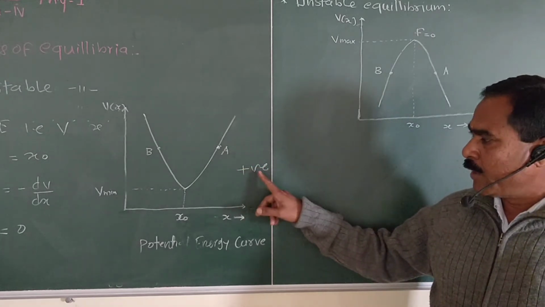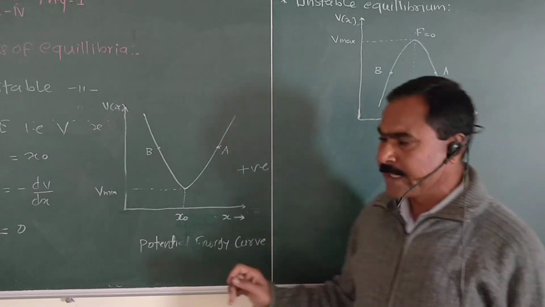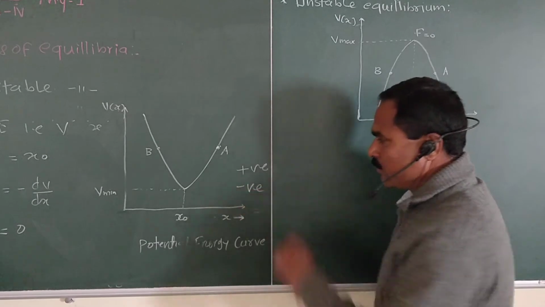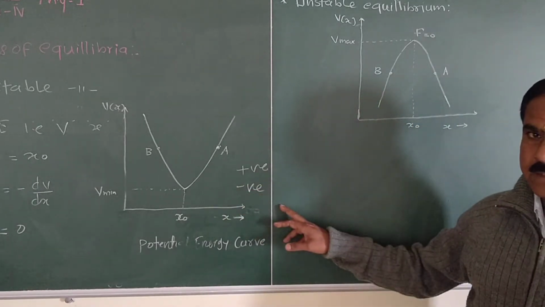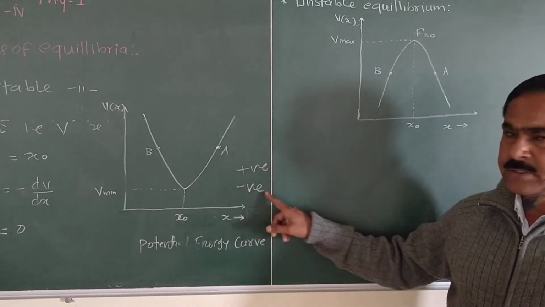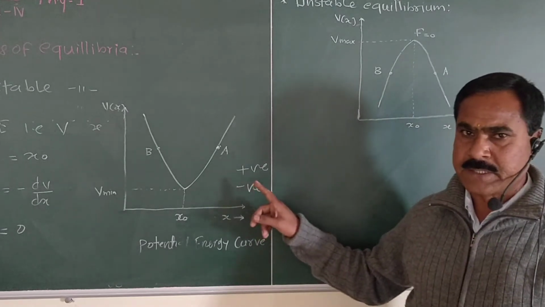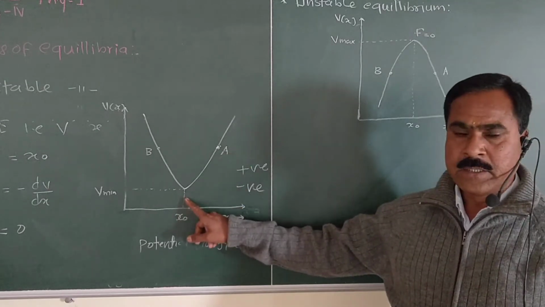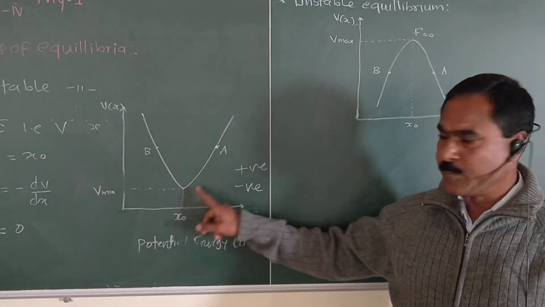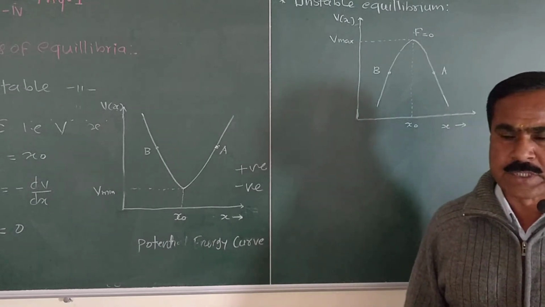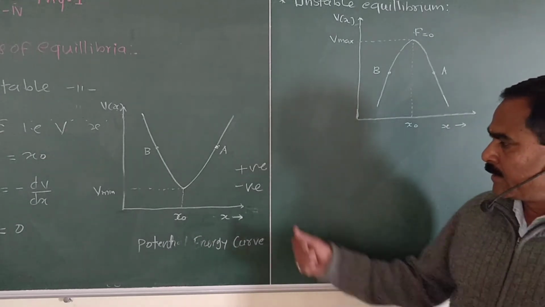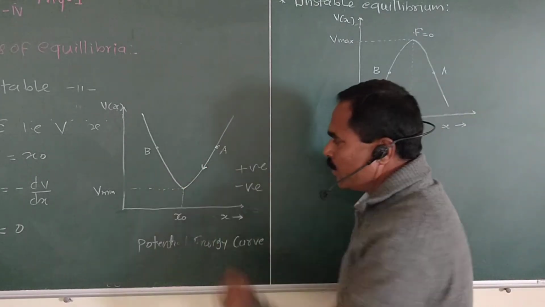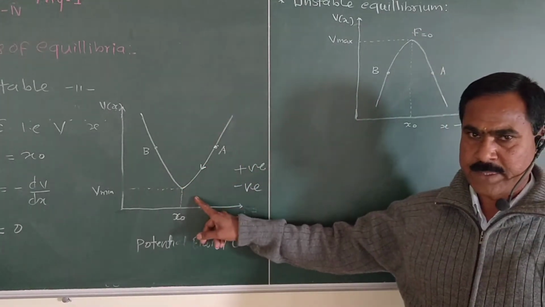And when the slope is positive, the force acting at point A is negative. This negative force always accelerates the particle from point A toward the equilibrium position, so the force is directed toward the mean position.